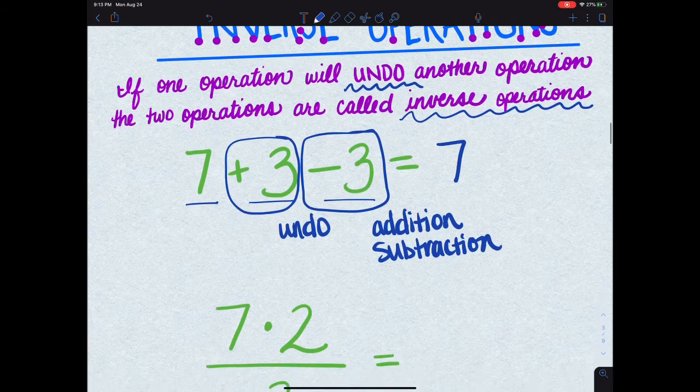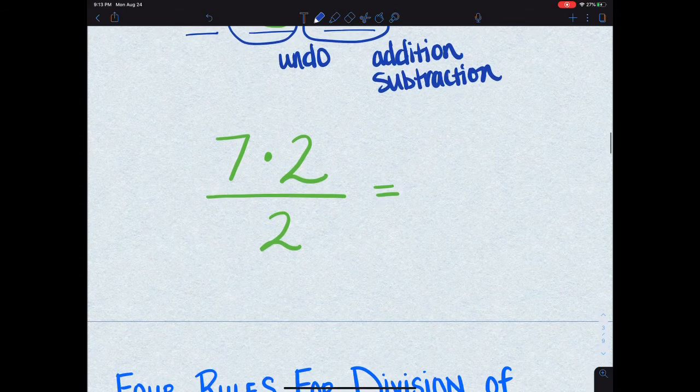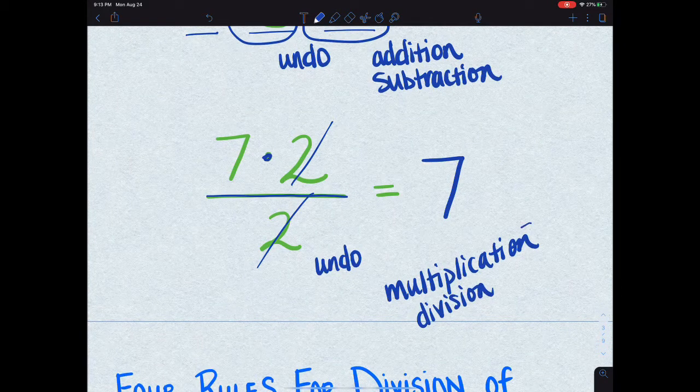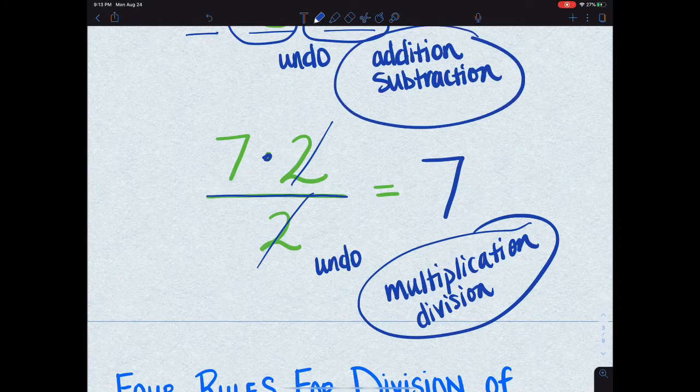Okay, let's do another example. 7 times 2 divided by 2 is equal to 7. Why? Because these cancel out. And again, these undo each other. So multiplication, which is what you did on top, and division are inverse operations. So these are inverse operations and these are inverse operations.